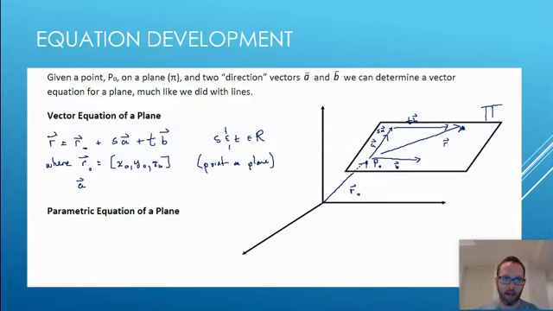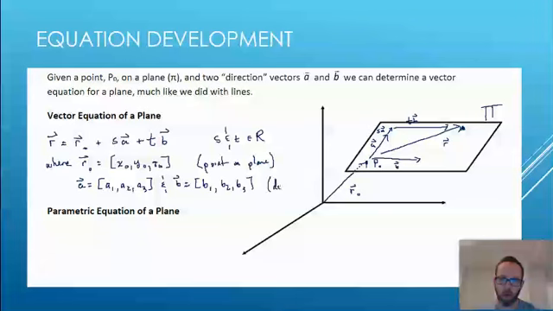And we'll say A equals (a1, a2, a3), and B equals (b1, b2, b3). So they all have an x, y, and z coordinate. And we'll call those, just loosely speaking, direction vectors, because they kind of give you the idea of where your plane goes.